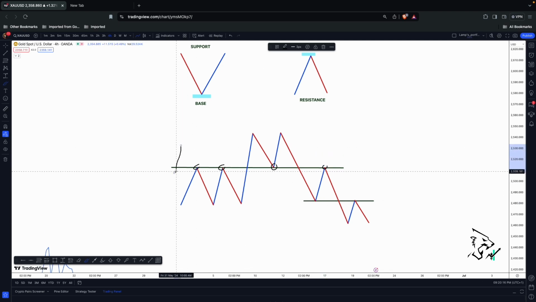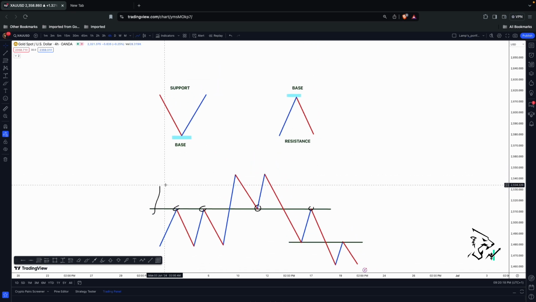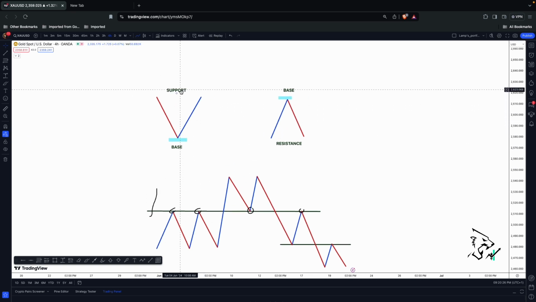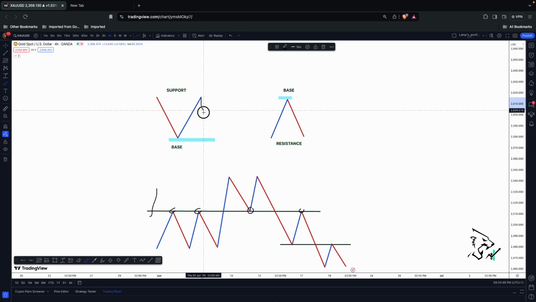With support and resistance, I basically want to explain it with a capital V and a capital A. For a capital V, I reference it as the support, and for the capital A's, I reference it as the resistance, and my interest is at the base. So we highlight this base area as a strong support area, where when the market gets to that area, I want to see some weaknesses around it for a buy opportunity.